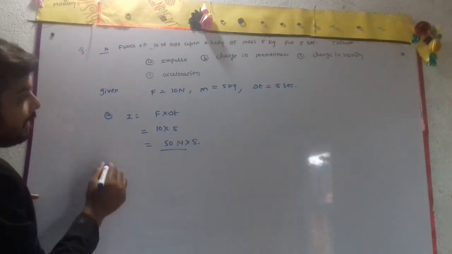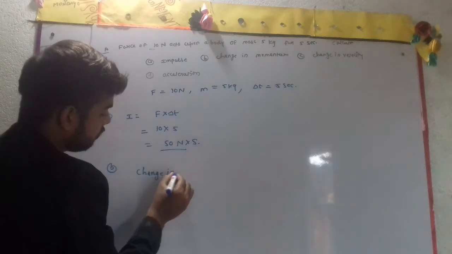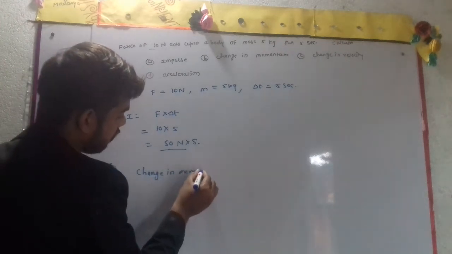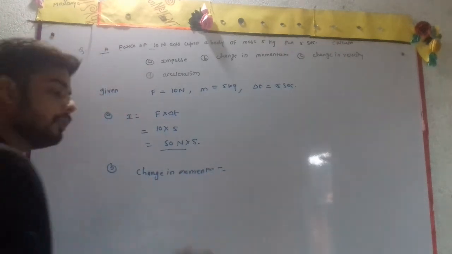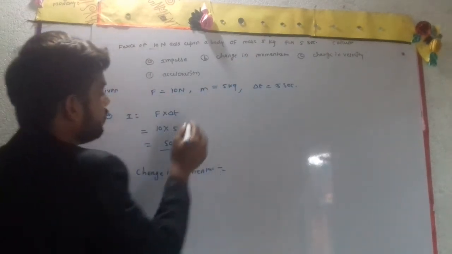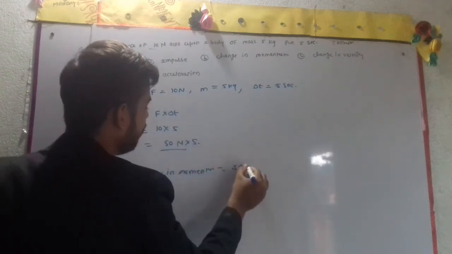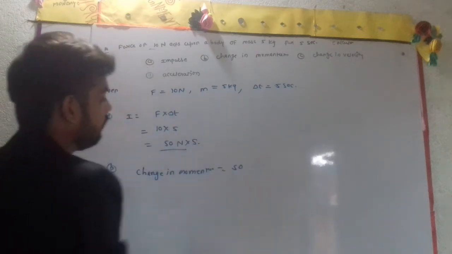Now we'll get the change in momentum. We know that change in momentum is equal to the applied force into del t, F del t. This is similar to 50.